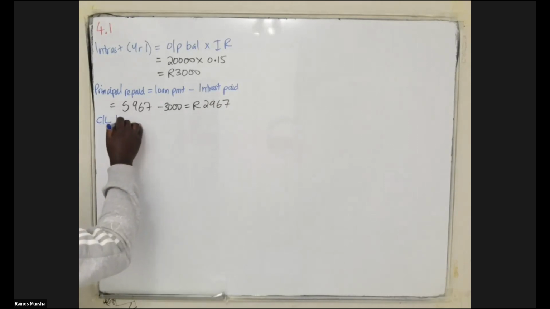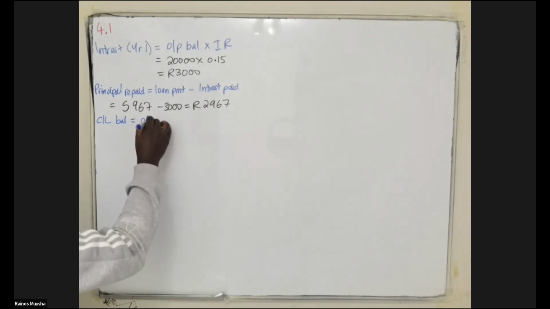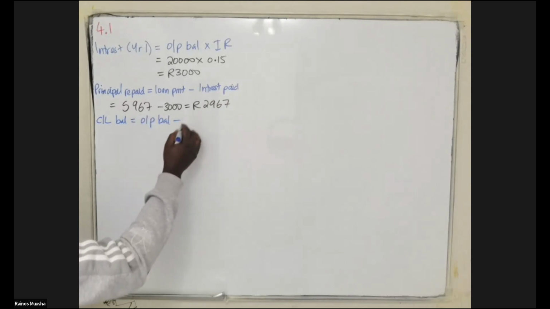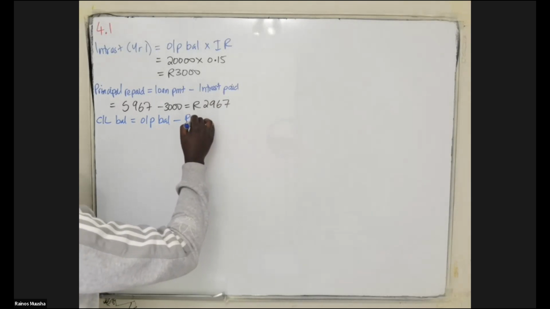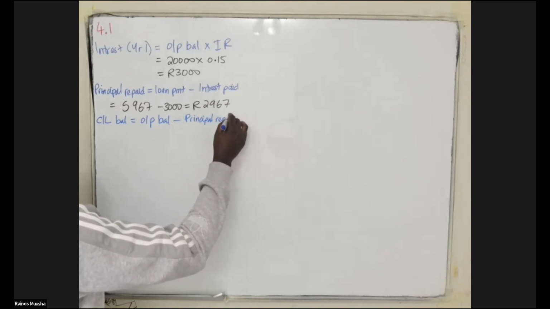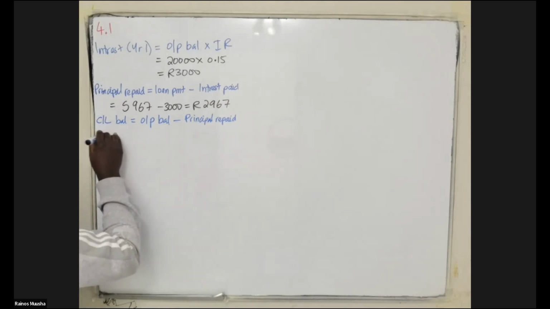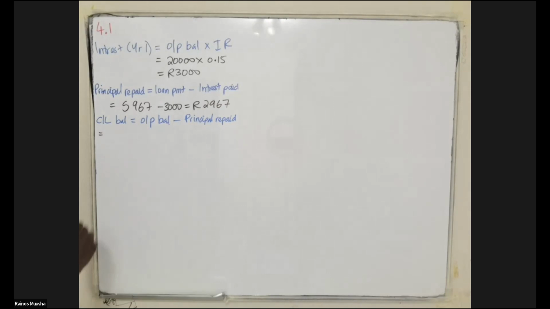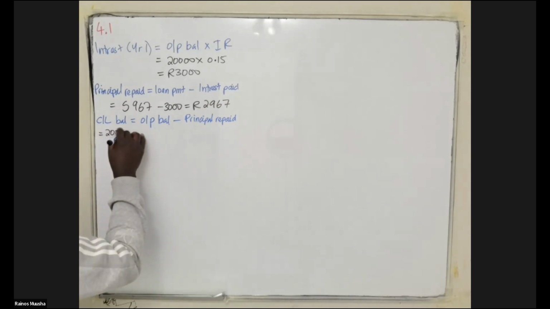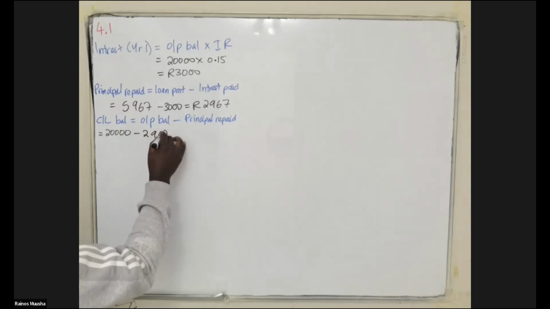Now, if this is how much we paid towards the outstanding balance, it means the closing balance for the year for the loan is given as the opening balance minus the principal repaid. So this is equal to your opening balance of 20,000. You repaid 2,967.